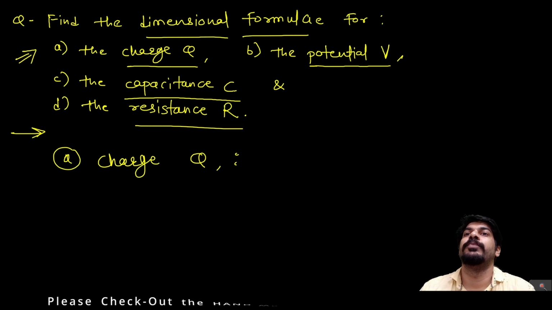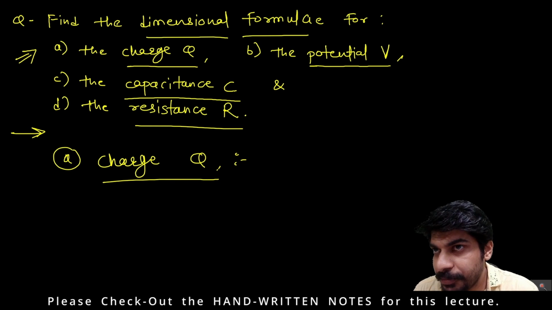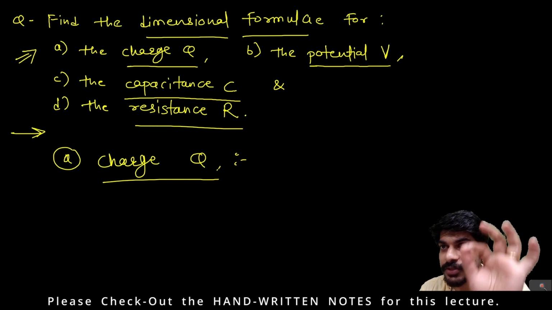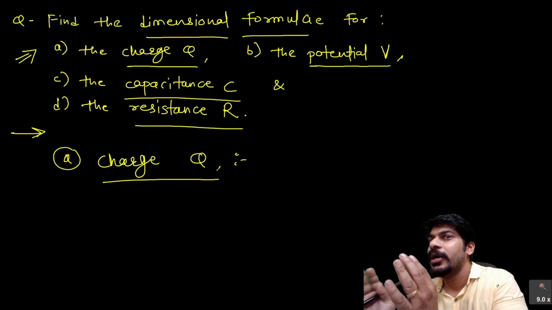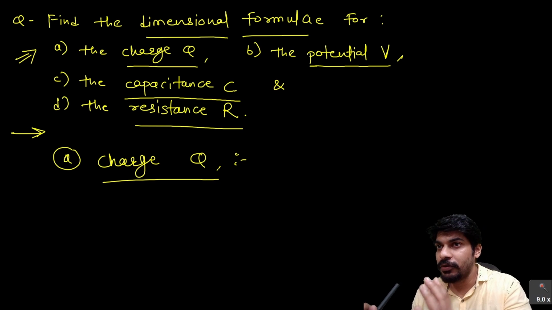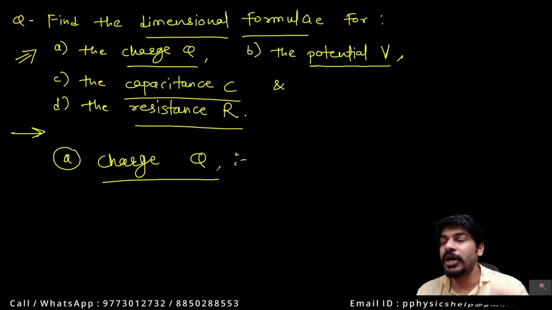Now first of all, as we all know, to find the dimensional formulas, we must know the formulas or equations associated with this particular quantity. For example, if you are solving for charge, you must know a formula that is associated with charge. If you are solving for resistance, then you must know the formula associated with resistance, and so on.